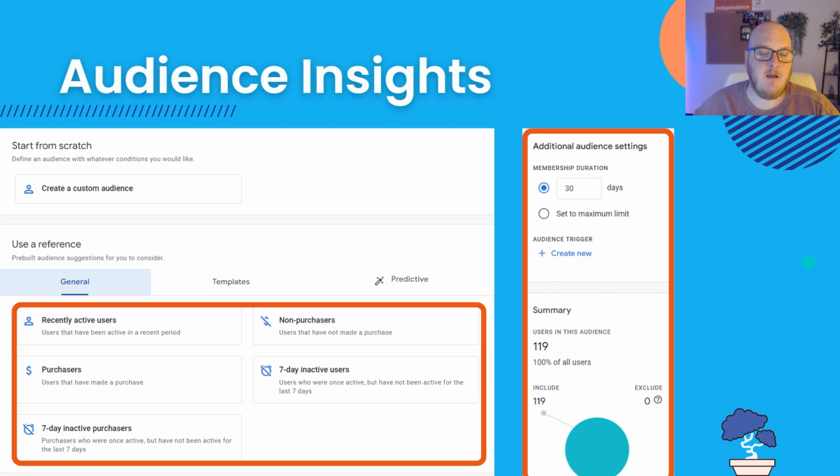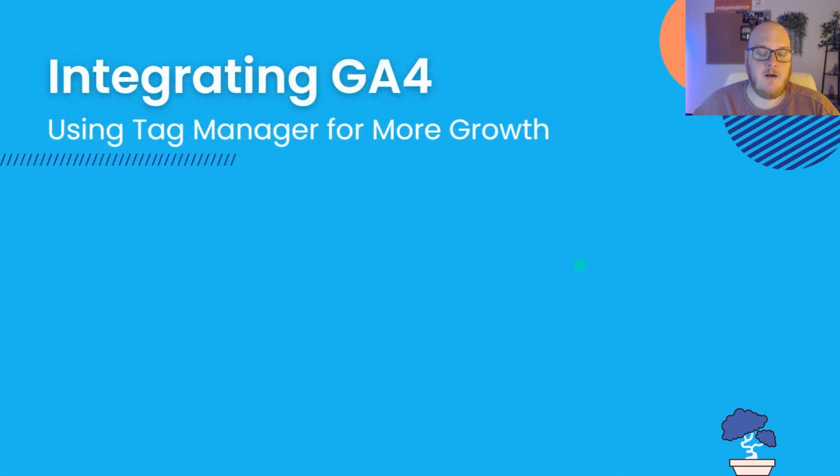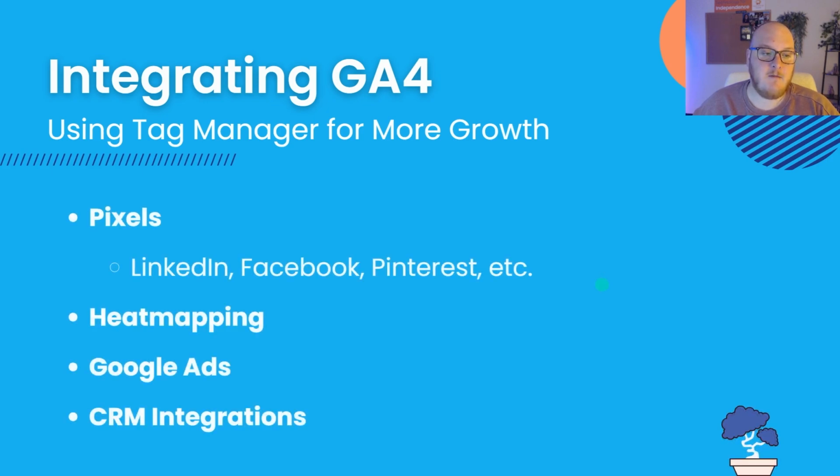All right. So now let's get into a little bit more of the nitty gritty things: integrating GA4 using Tag Manager, which is going to spur more growth for your business. There are four key parts that Google Analytics 4 benefits from, the first being the ability to use pixels.